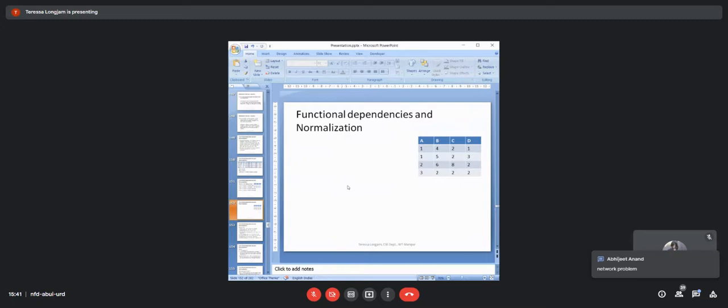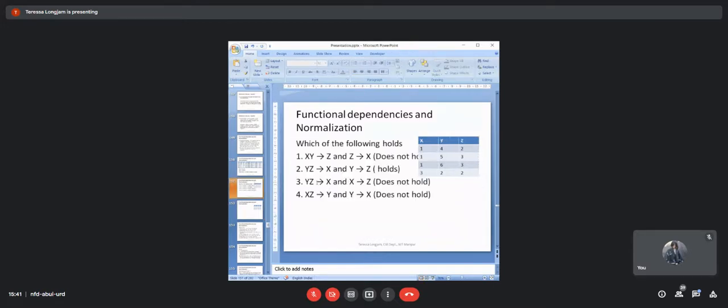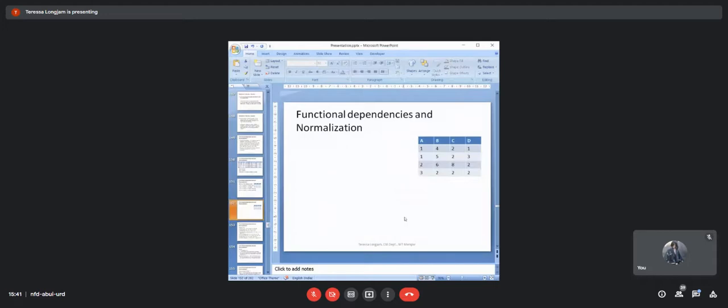Okay, now tell me any functional dependency that you can find out from this particular relational set. Okay, let me copy this. Functional dependencies that hold for this given relational set.